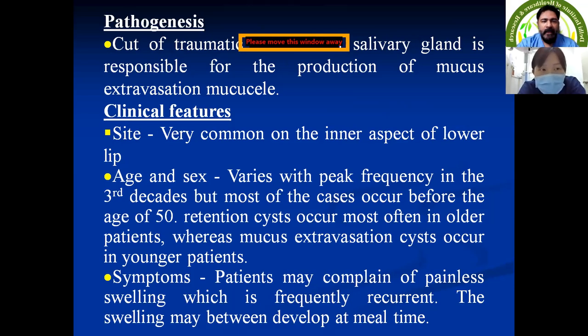Age and sex vary, with the peak frequency in the third decade, but most of the cases occur before age 50. Retention cyst occurs most often in older patients, whereas mucous extravasation cyst occurs in younger patients. Retention cyst in the older one and extravasation in the younger one.